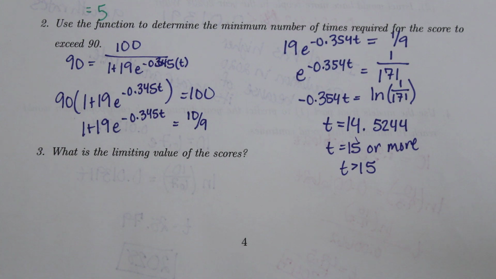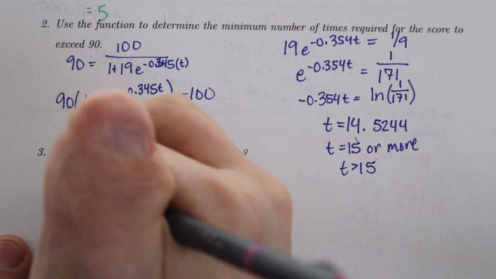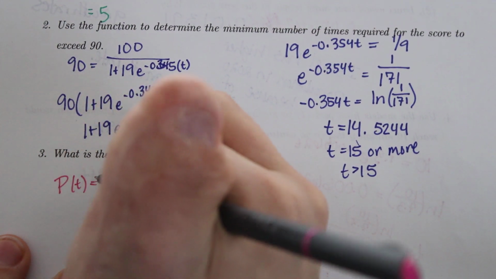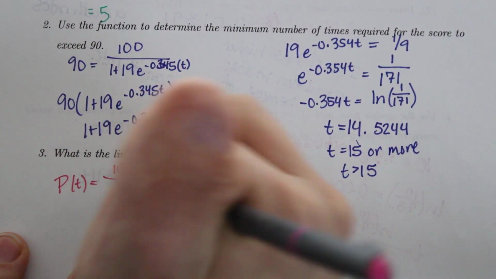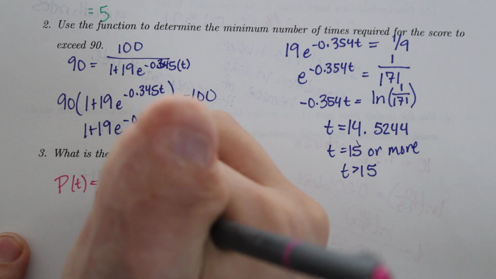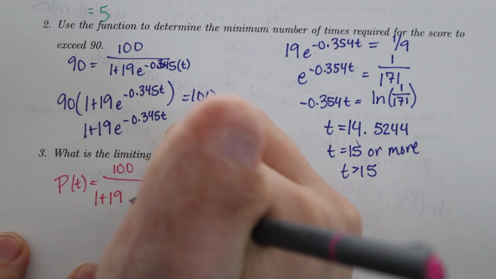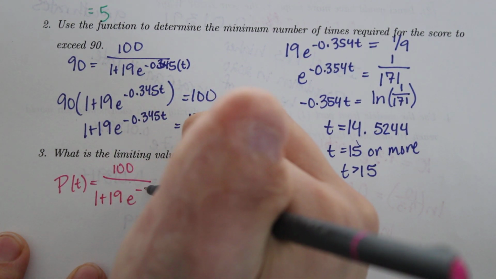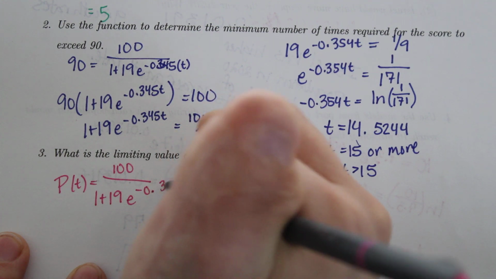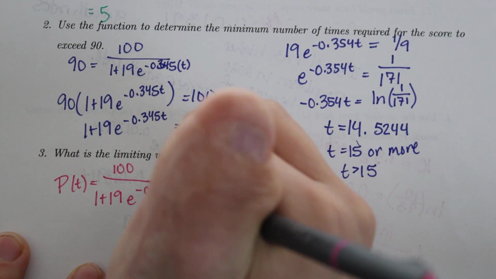So I'm going to write down our function and then we'll talk about it some. So we have that p of t is equal to 100 divided by 1 plus 19 e to the negative 0.354x.